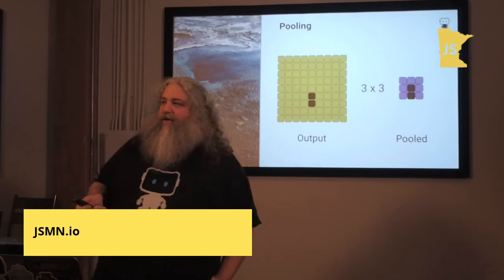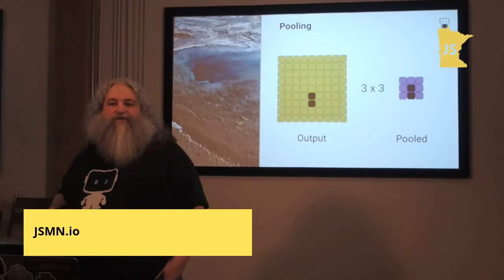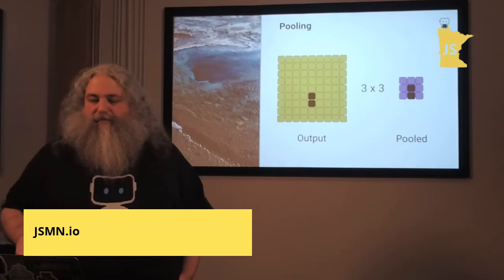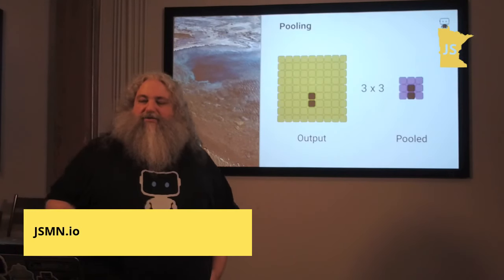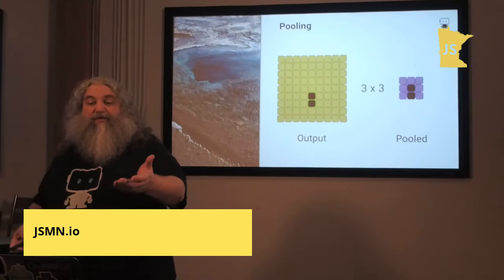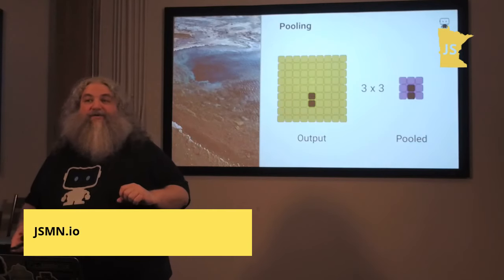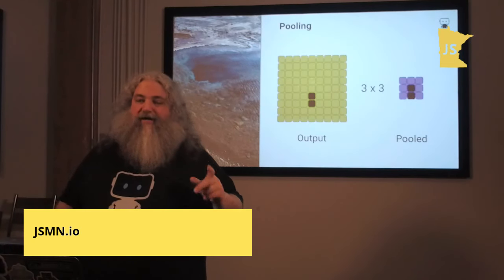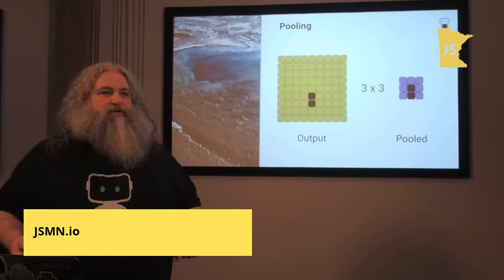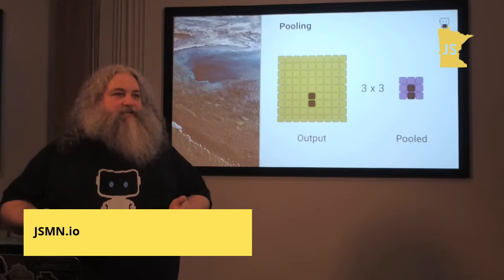Pooling is a way of concentrating our output. What you do is you take, in this particular example, each 3 by 3 section. You say, is there a thing there or not? Yeah? Okay, then we found it. Otherwise, we didn't.